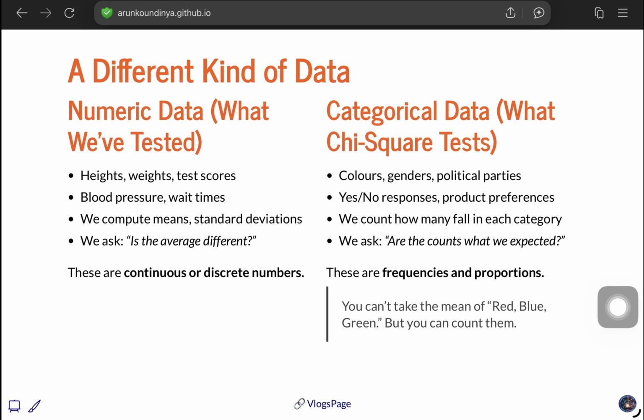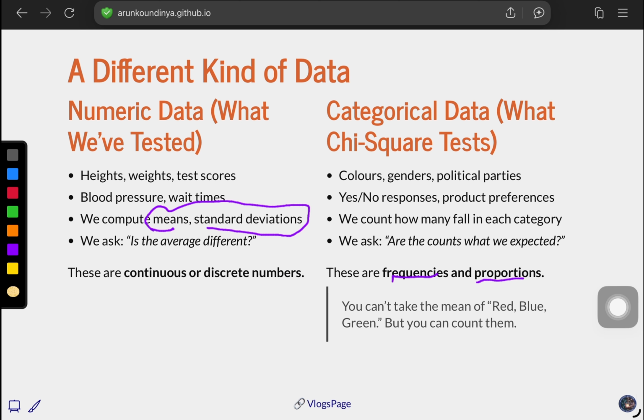assume that we have a different kind of data, which is categorical. Whenever there is categorical data, we have frequencies or proportions or counts. We are not actually computing any means or standard deviations, because that is only possible with numerical data.